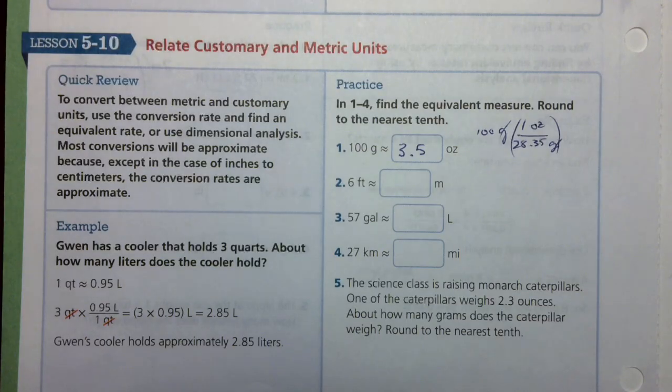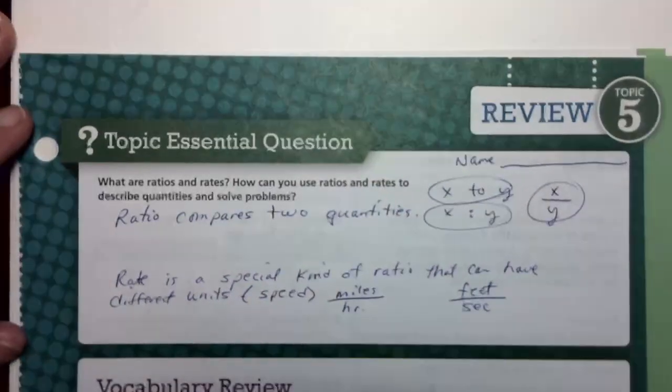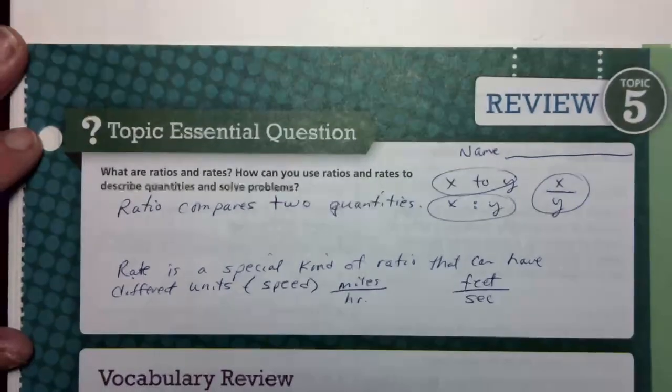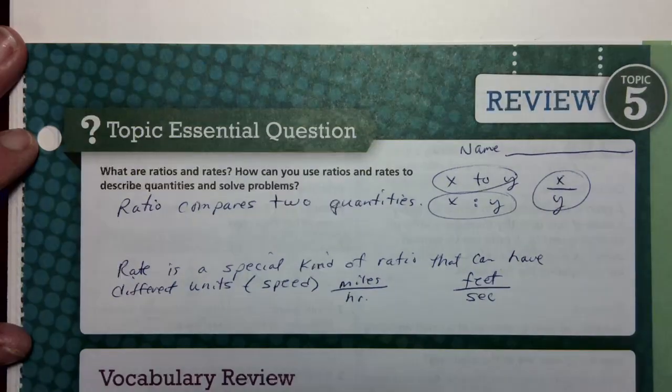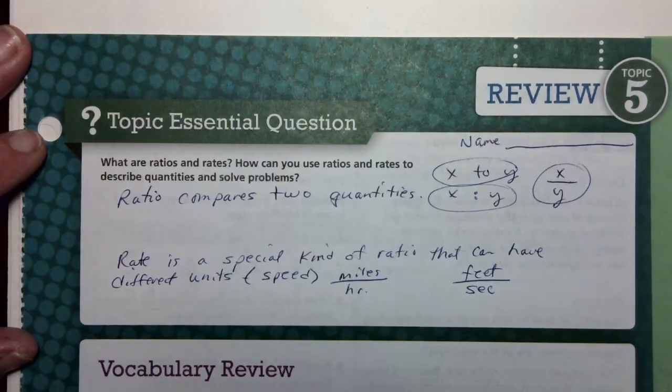All right, this is only about 6 minutes long today. So your job is to finish this Topic 5 review out of the book. Check all of your answers with the teacher, and she will check it with her key. After you've had plenty of time, maybe even the last few minutes of class, she just calls out answers and you all check your work.